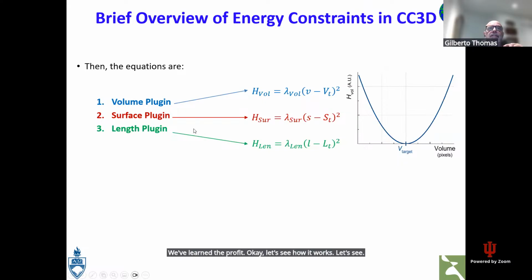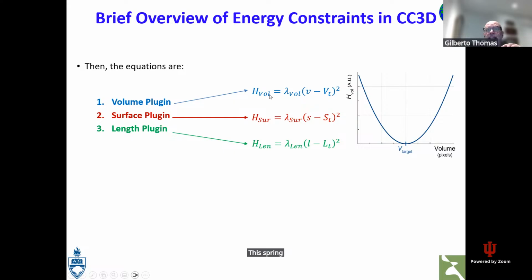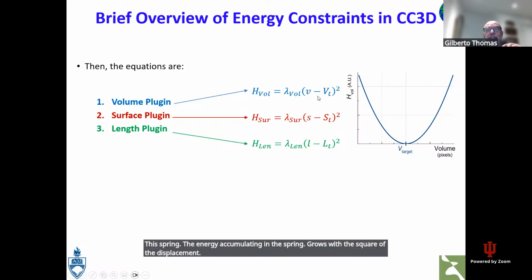Let's see. This is the function for volume, surface, and length. The shape of this function is like a parabola. Okay, so if you remember a little bit of physics, it reminds you of the elastic energy of a spring. If you displace the spring from the regular size, the normal size of the spring, the energy accumulated in the spring grows with the square of the displacement, not directly with the displacement.